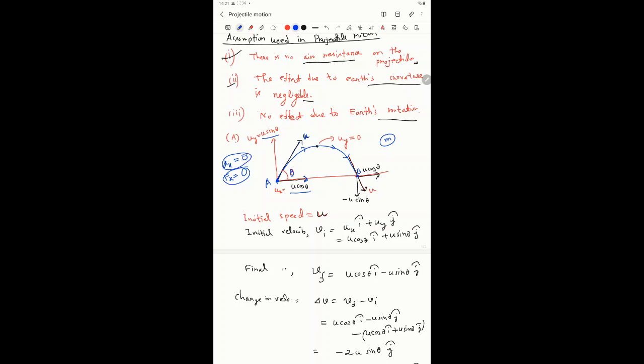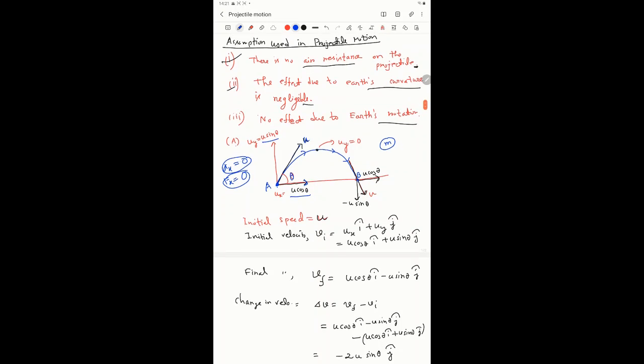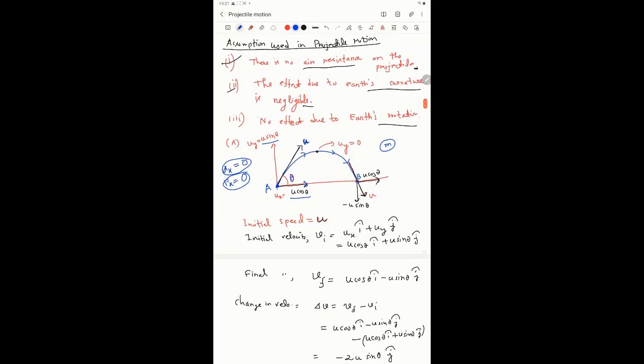It means the component of the velocity along the x-axis will remain the same during its motion. No force is acting in the x direction, so the particle will maintain a constant velocity along its x-axis. The initial x-axis velocity is u cos theta, so we can conclude that the final x-axis velocity will also be u cos theta.